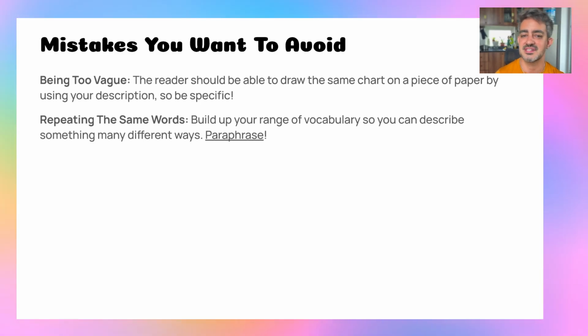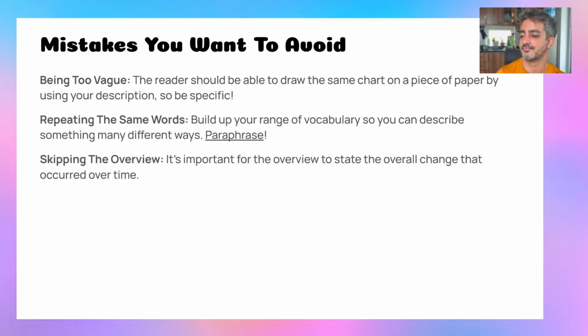You want to find some synonyms, some other ways of writing or communicating the same idea, or even finding ways of avoiding using that word again. There are a lot of techniques in English, like ellipsis, for example, to avoid just writing certain words that you're repeating over and over again.